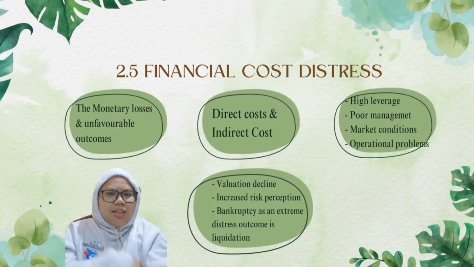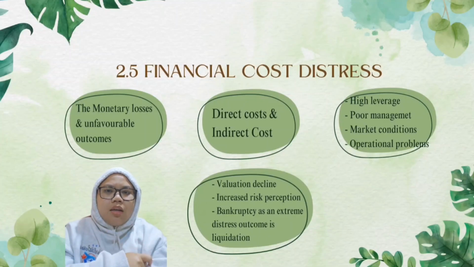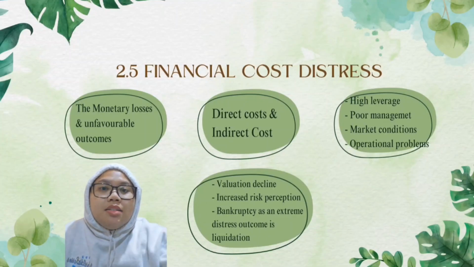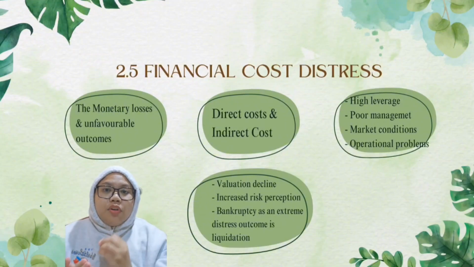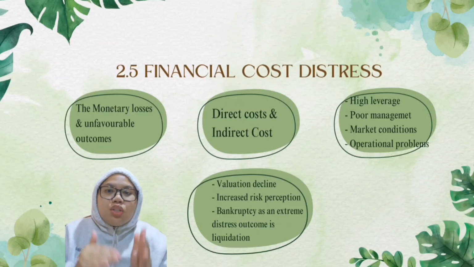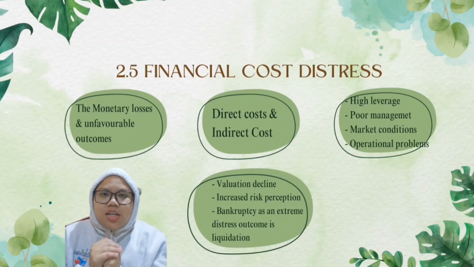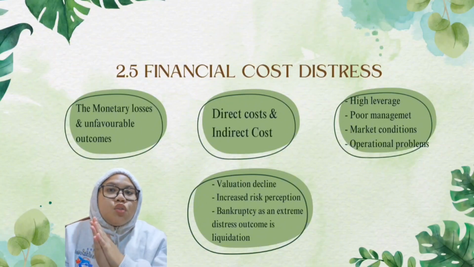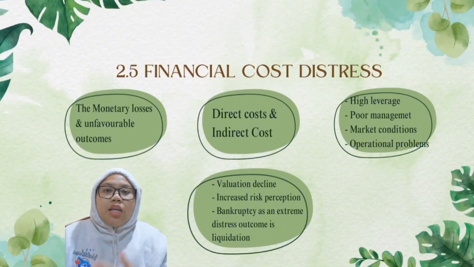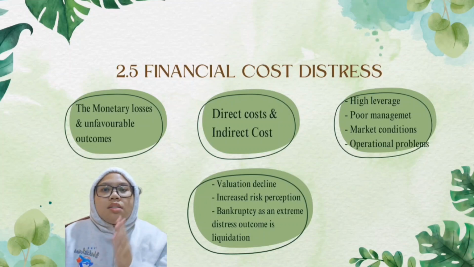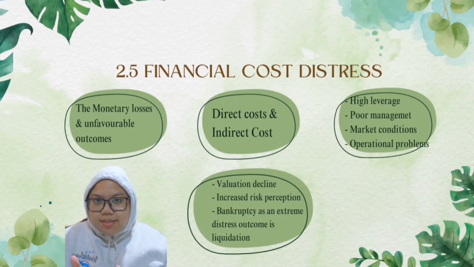Next, financial distress cost. What is that? Distress cost defines the monetary losses and unfavorable outcomes that a business faces when it encounters financial distress, which is a state in which it finds it difficult to fulfill its financial obligations, including paying off debts, operational costs, or other liabilities.